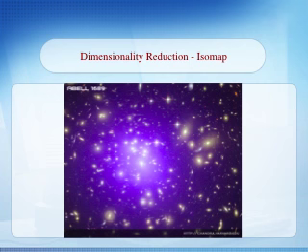This is done by defining a graph whose nodes correspond to the n data points and whose edges connect the neighboring points, those with distance less than some epsilon, or the n nearest neighbors, with weights corresponding to Euclidean distances.